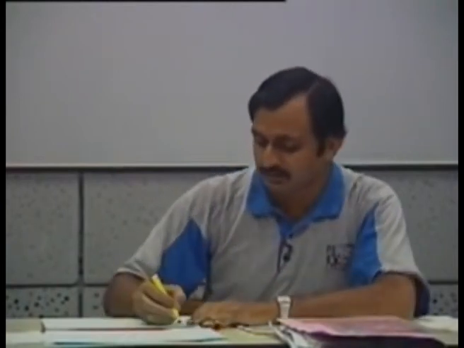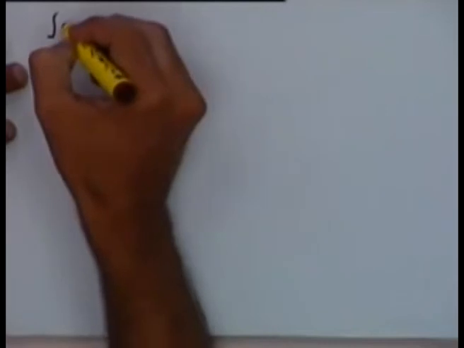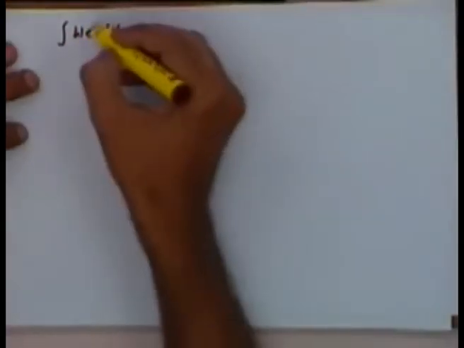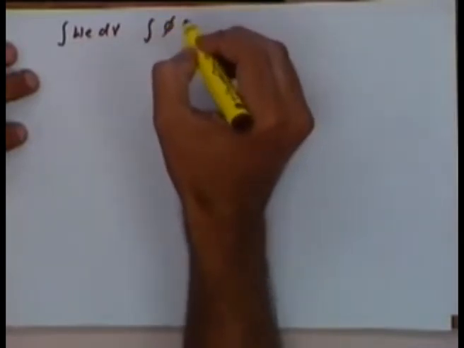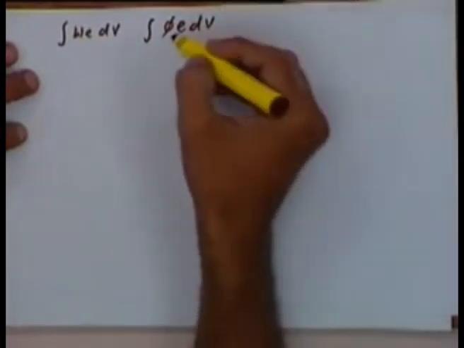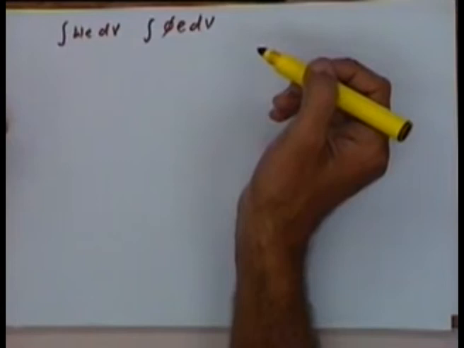For an elastic material, what we have to do is find the integral of W E dV. Now this W we will call phi, so phi E into dV. In fact, in the book and other places also, phi is the most standard notation for this weightage function.